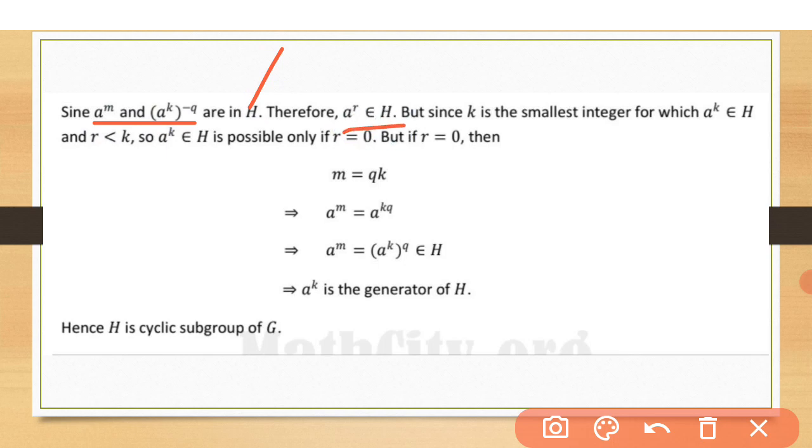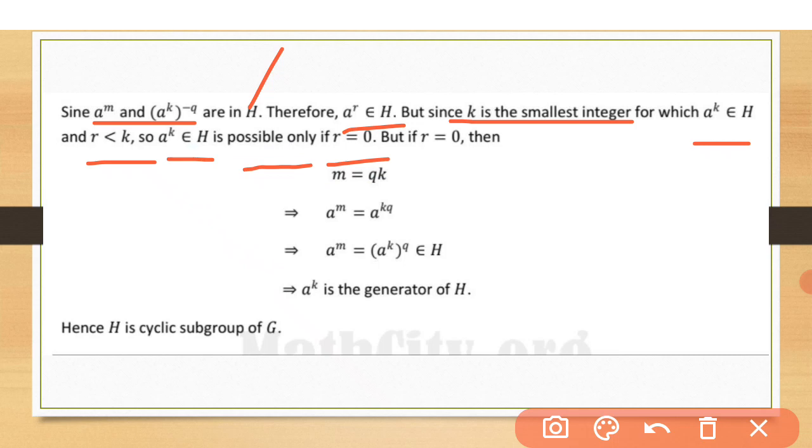Therefore a raised to power r also belongs to H. But since k is the smallest positive integer such that a raised to power k belongs to H, and r is less than k because it is a remainder and should be smaller than the divisor k, a raised to power r belongs to H is possible if and only if r is equal to 0, because k is the smallest integer we have taken.